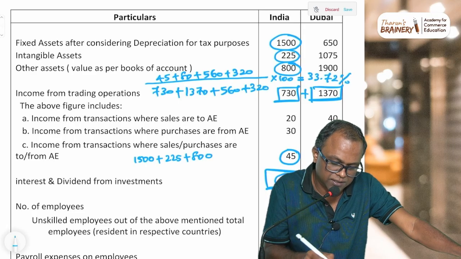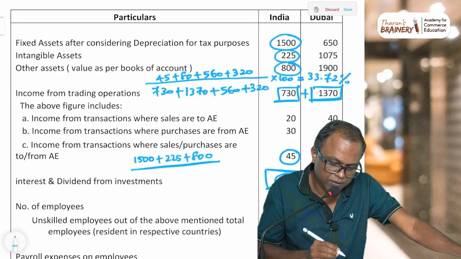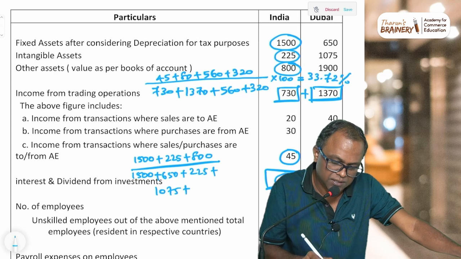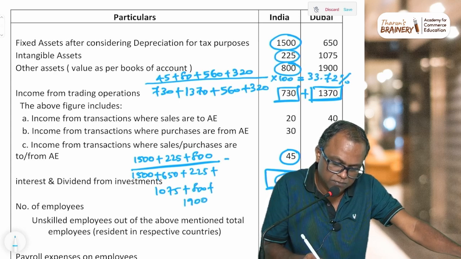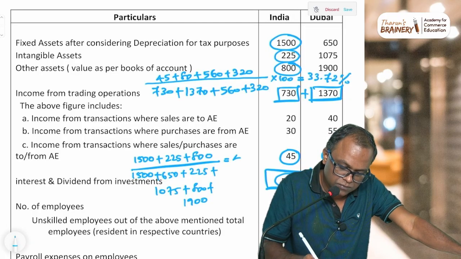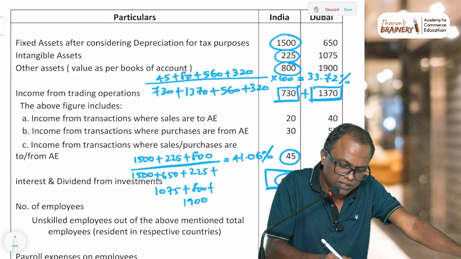These are the assets located in India divided by total assets. Total assets means 1,500 plus 650 plus 225 plus 1,075 plus 800 plus 1,900. So what is the percentage? 41.06%. Yeah, second condition also satisfied.